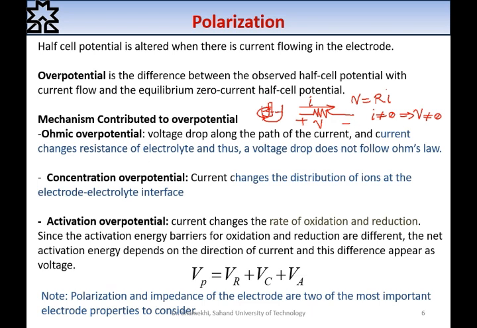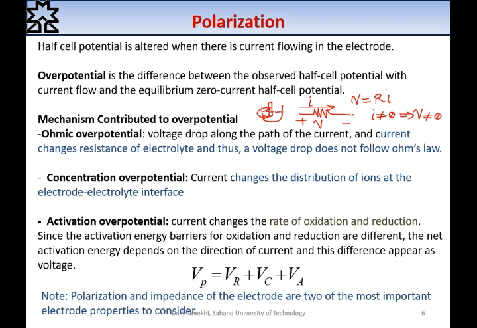Therefore, voltage drop along the path of the current changes the resistance of the electrolyte, and thus a voltage drop. We have a variable resistance and also variable current. Therefore, we have a variable voltage, and this ohmic overpotential does not follow Ohm's law.